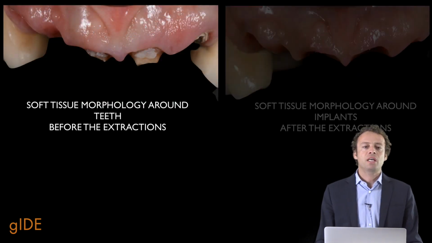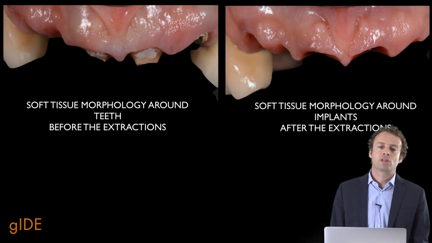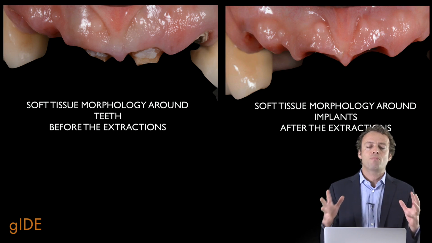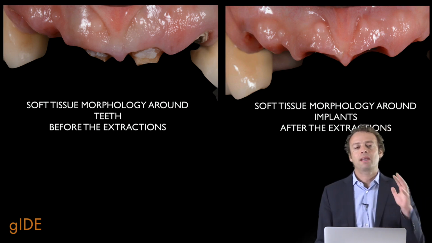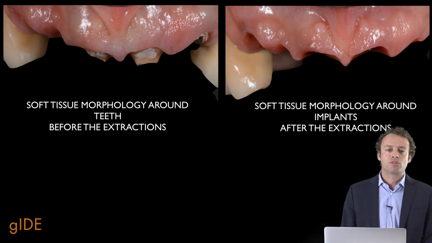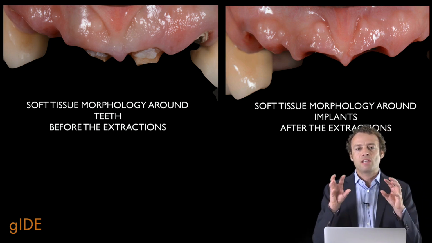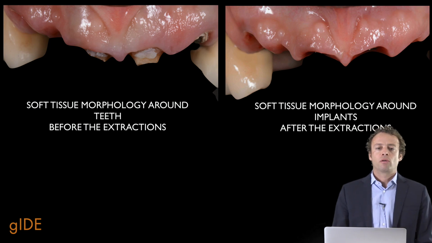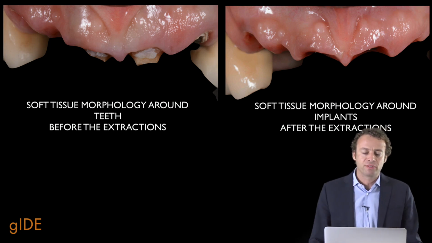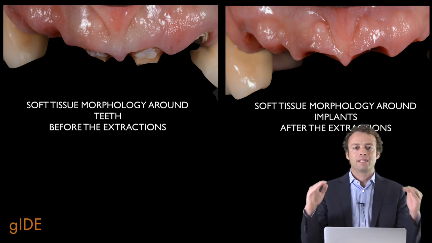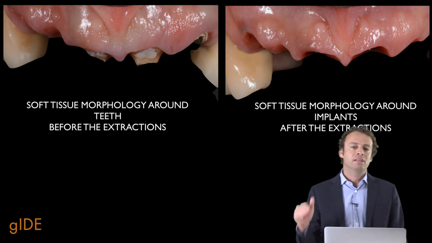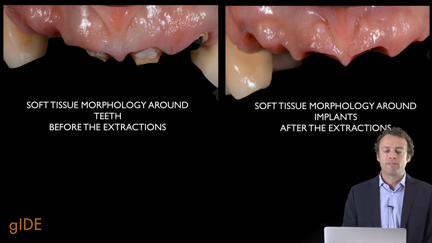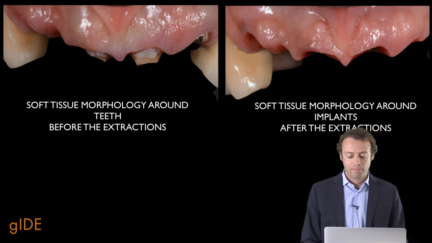It's really interesting to see how nowadays with the correct surgical approach it's really possible to maintain the preliminary morphology that we had before extracting the teeth. So in this case, for example, with the mid implant placement, with an immediate function, in combination with soft tissue graft and bone graft, we are able to maintain the soft tissues exactly in the same position that we had at the beginning of the therapy.